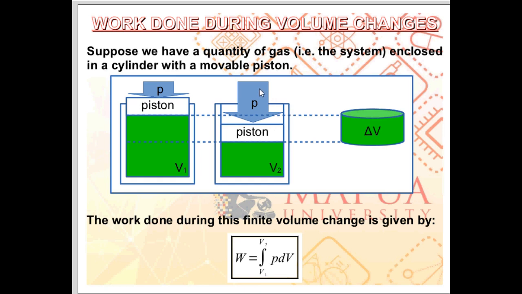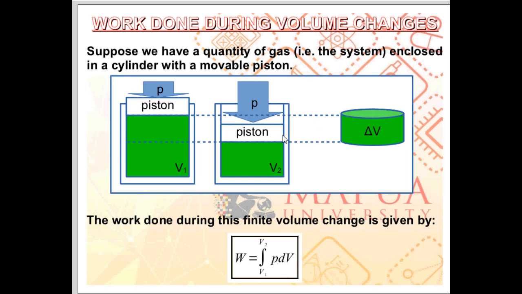So we are applying force on the piston, and the piston moves from initial position to final position. There's a corresponding displacement. Therefore, there is a corresponding work done. Pressure on the piston is F over A, basically.